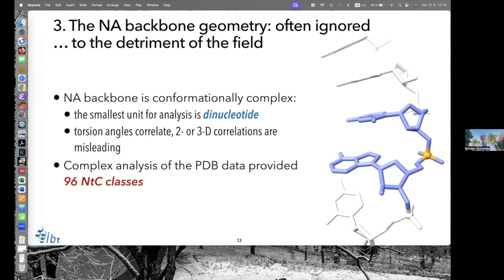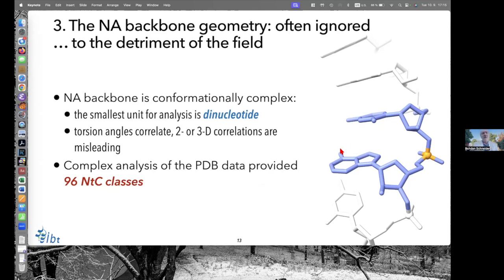But we know that the backbone also has only a limited number of possible conformers. It's not that everything goes, okay? The number of conformers is relatively large, but if you consider the size of the building block we analyze, which is the dinucleotide, 96 dinucleotide classes, these so-called NTC classes, it's not a large number.